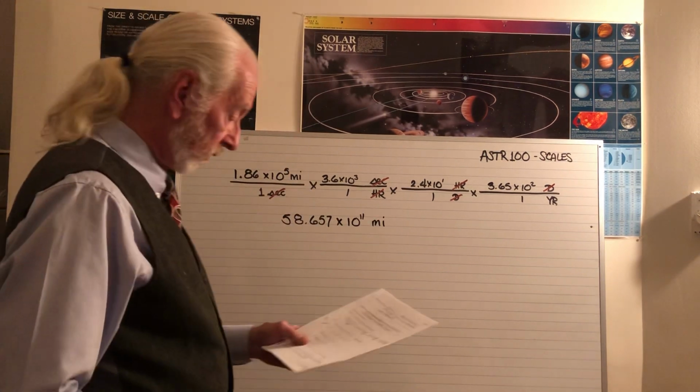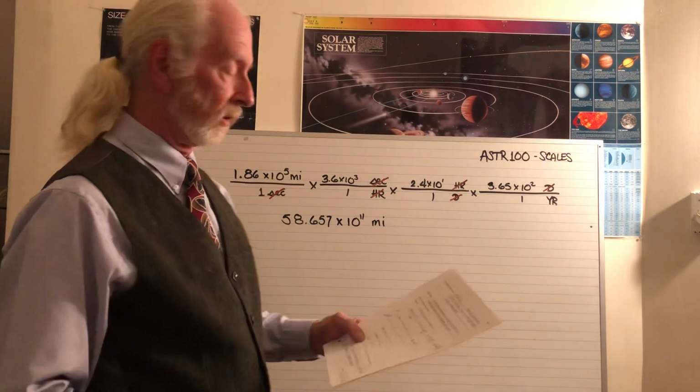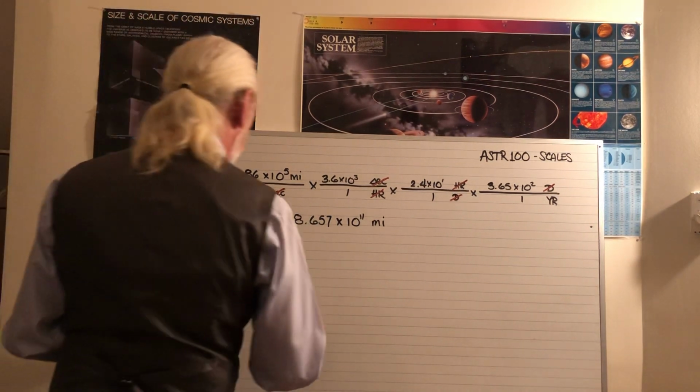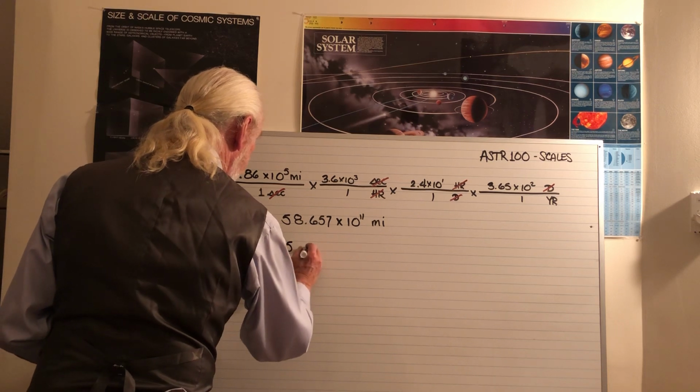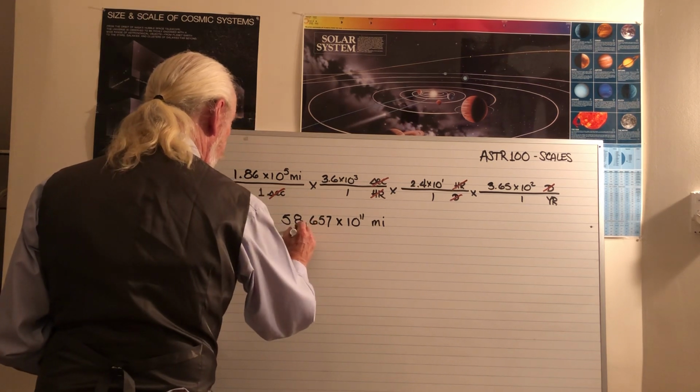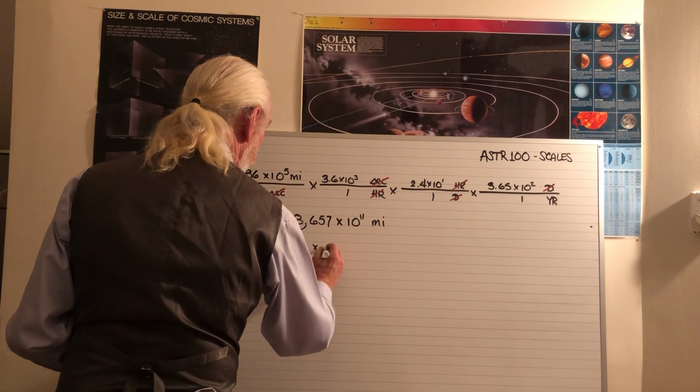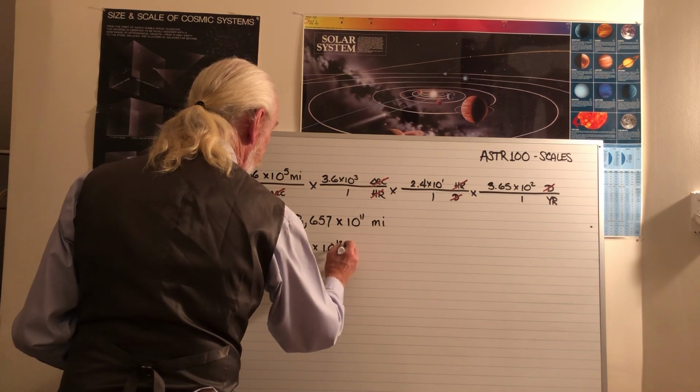Now, astronomers are notorious for rounding numbers. So I'm going to round this to 5.9, and I moved my decimal point over to the left, times 10 to the 12th miles.